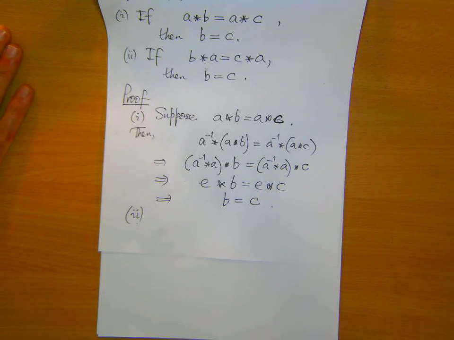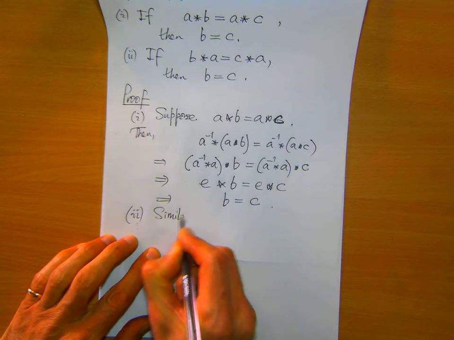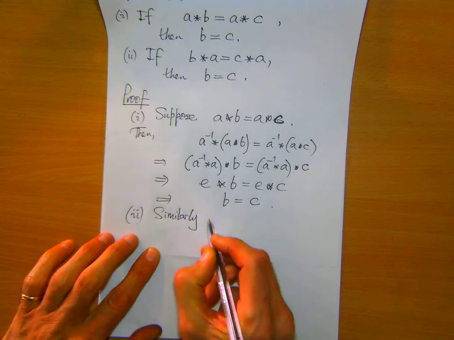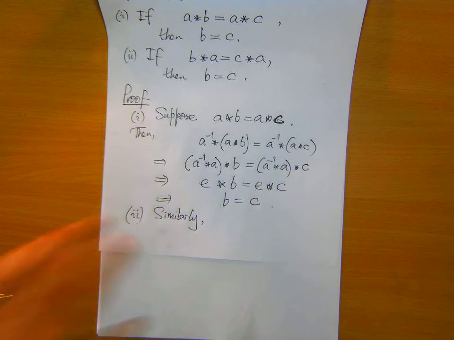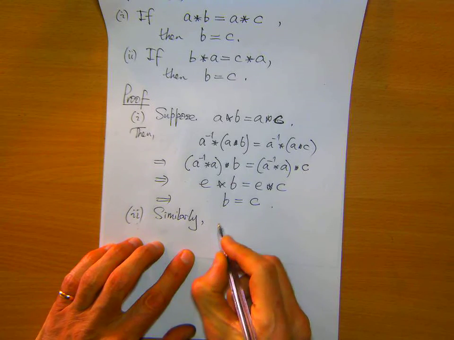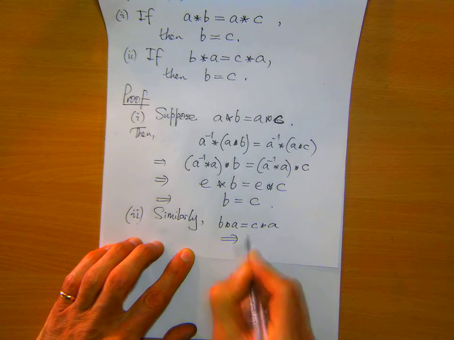Good, similarly. It's a very useful word, but you've got to use it honestly. So you can see that you've just been post-multiplying, or multiplying on the right. So similarly, B star A equals C star A implies B equals C.